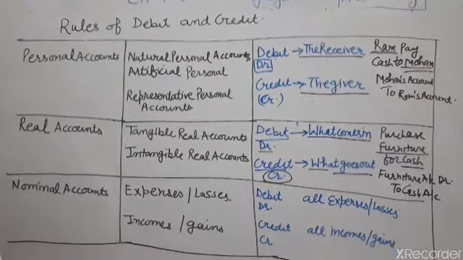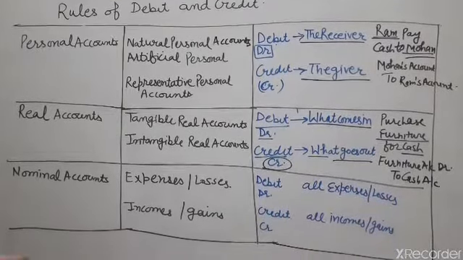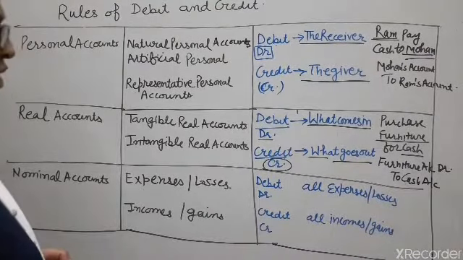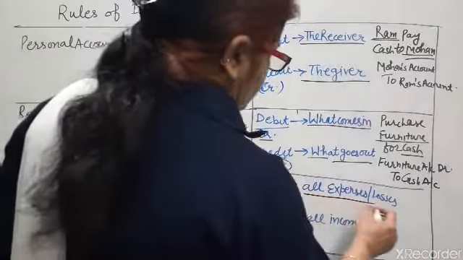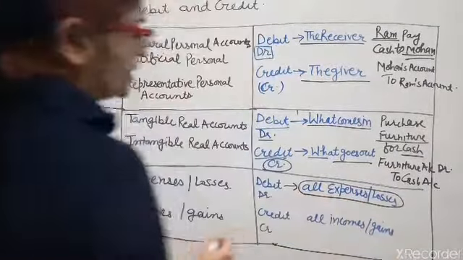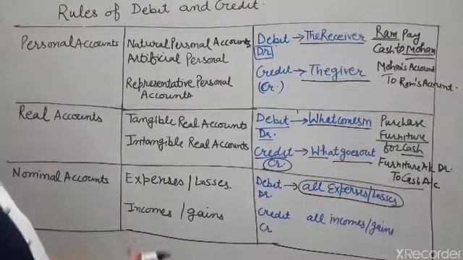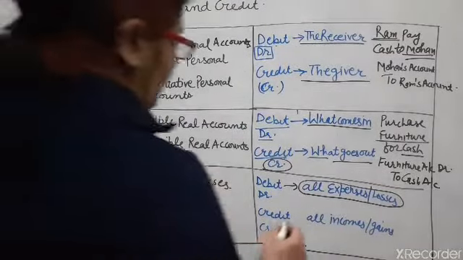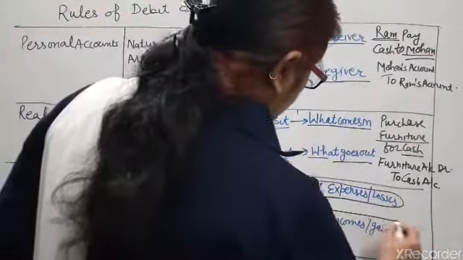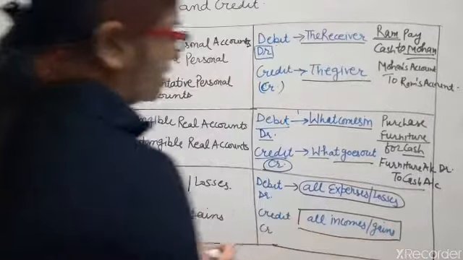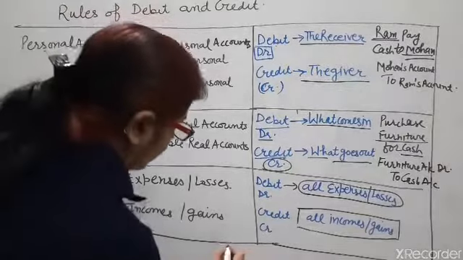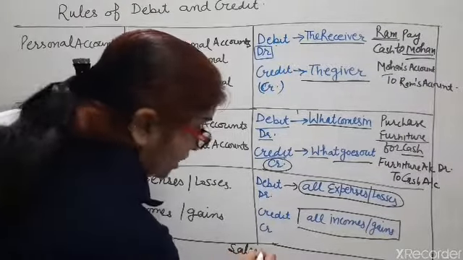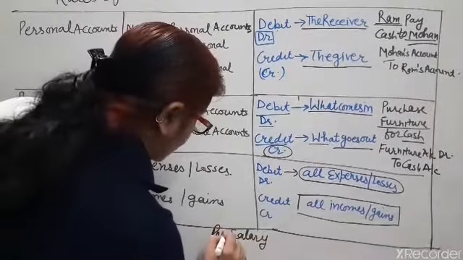And third is nominal accounts, which are related to expenses, losses, incomes and gains. The rule is debit all the expenses and losses. Whenever a business organization incurs loss or expenses, they are debited, and when a business organization receives income and gain, then it is credited. For example, the business organization paid salary.